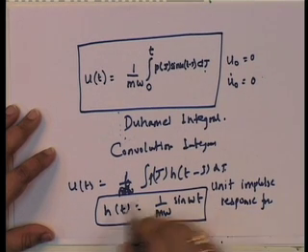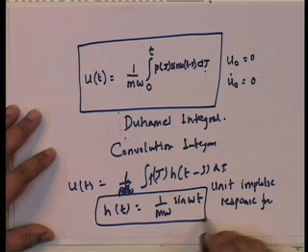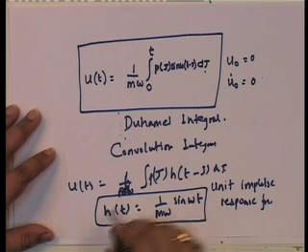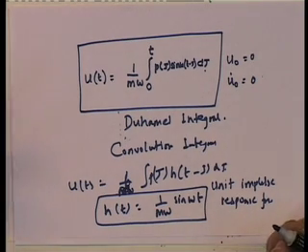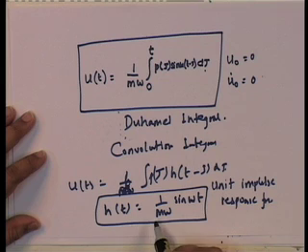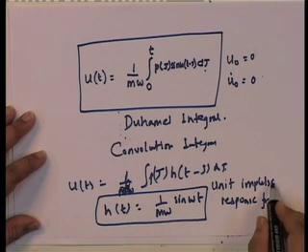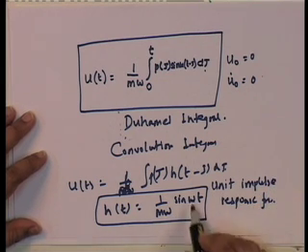It is basically a function which depends only on the structure's dynamic characteristics, because of m omega, and since this is undamped, xi is 0 anyway. So, the characteristics are only m and omega. This is the unit impulse response function.